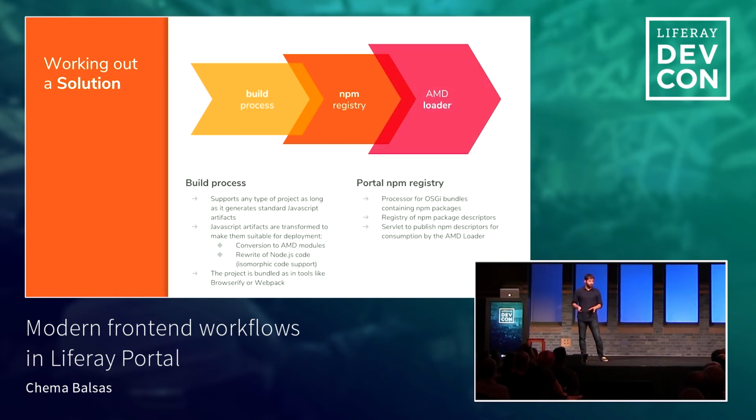And finally, this information will leverage the existing infrastructure that's already in the portal, like the AMD loader, to make sure that at the end we can serve performant applications in a very efficient way under the portal constraints.